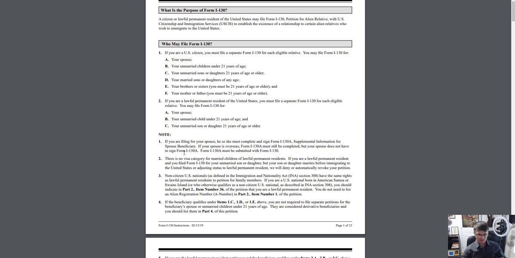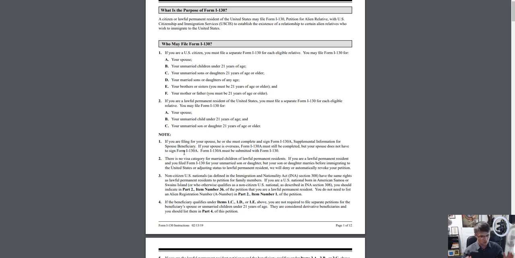If your spouse is present here and you're filing the petition for them, they need to sign the Form I-130A and send it. If they're not here, obviously they cannot sign it. Well, I mean, they can sign it, but USCIS takes things like this into consideration so that you don't have to send them a form, they sign it there and then mail you the form, or stuff like that.